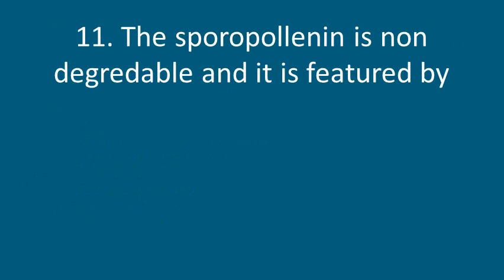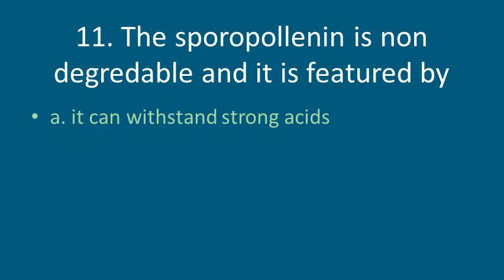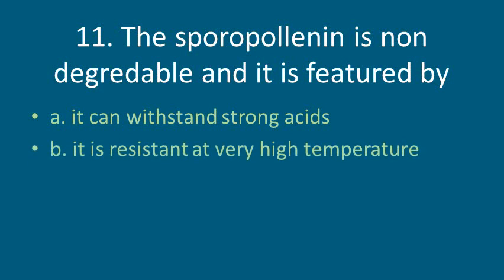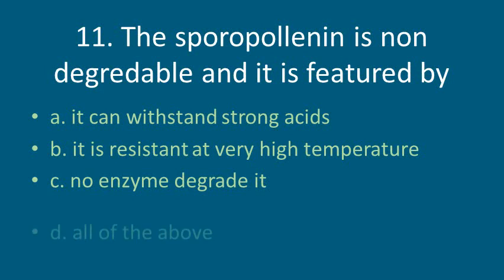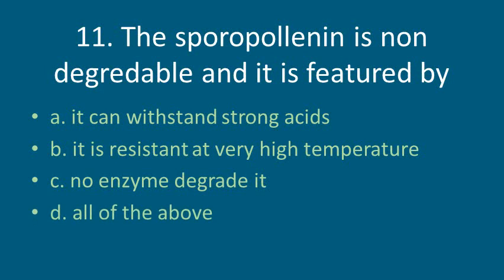Question number 11. The sporopollenin is non-degradable and it is featured by option A. It can withstand strong acids. Option B. It is resistant to very high temperature. Option C. No enzyme degrades it. And option D. All of the above. Now, options A, B, C, all three are features of the sporopollenin.